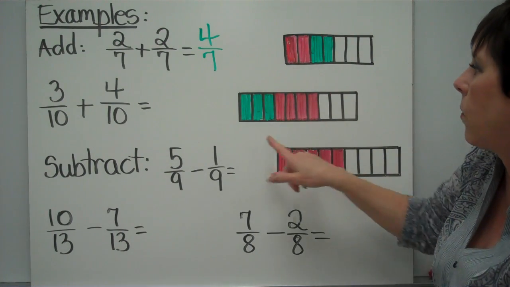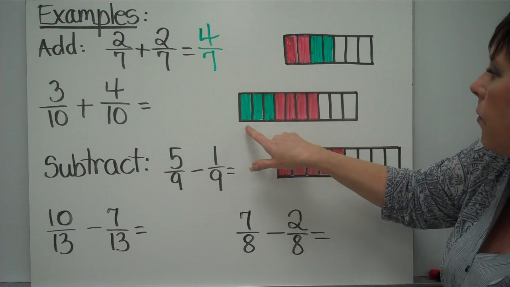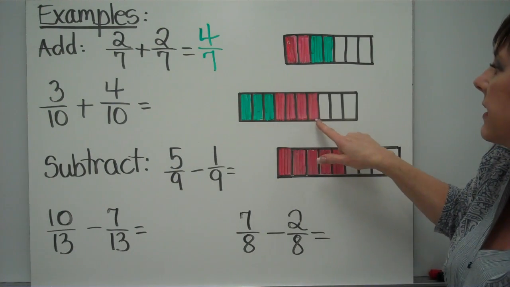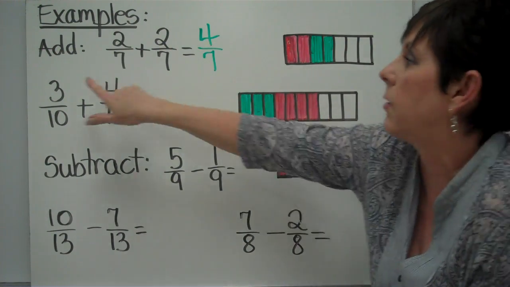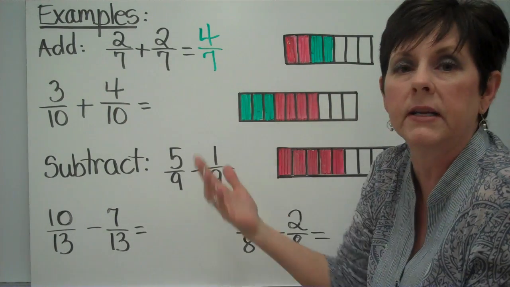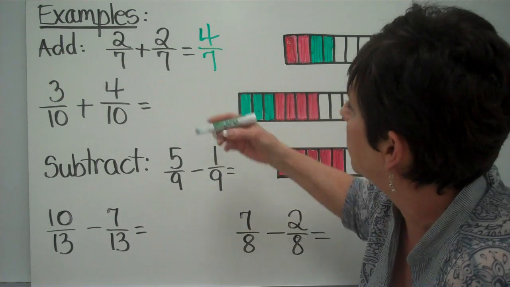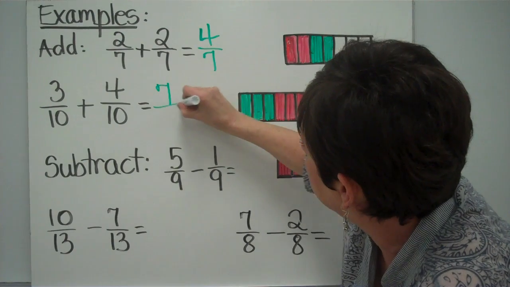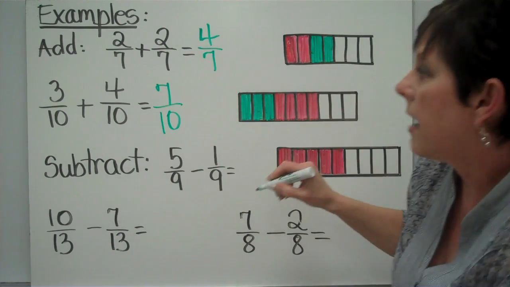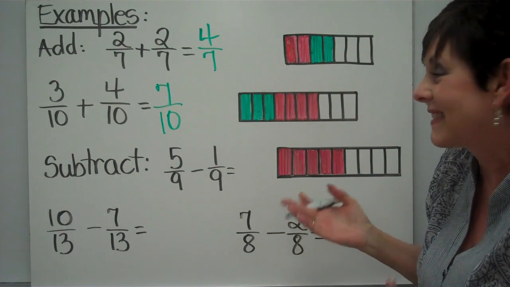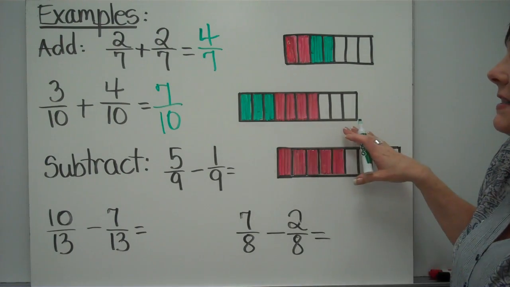How much does that equal? If we look at them all together, 1, 2, 3, 4, 5, 6, 7. You can also think, I know that 3 plus 4 is 7. And the answer would be 7/10, not 7/20ths, but 7/10ths.